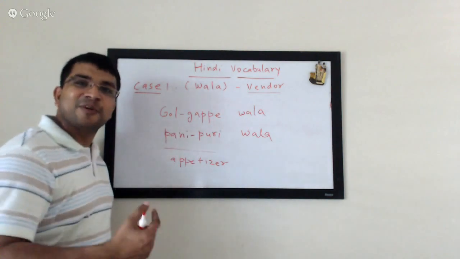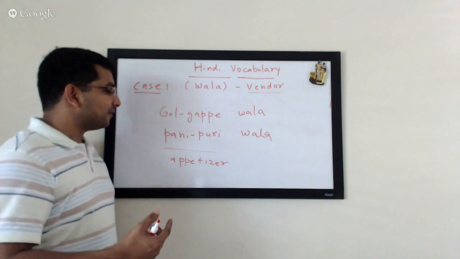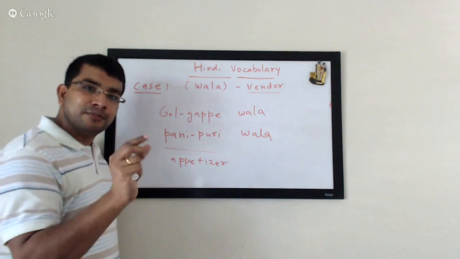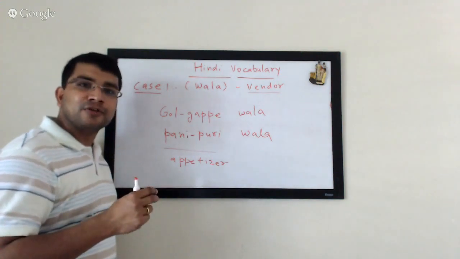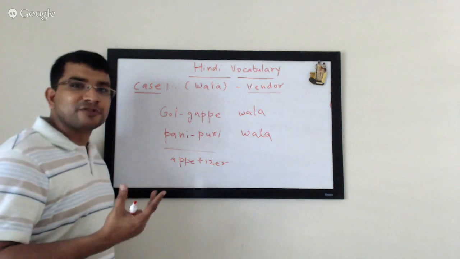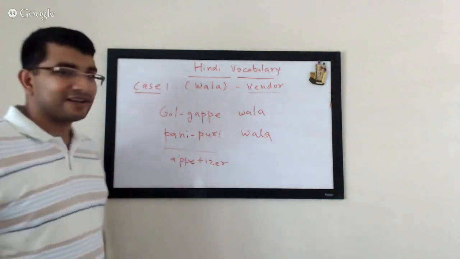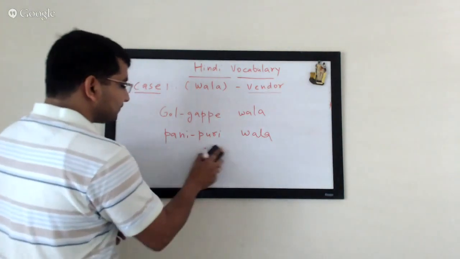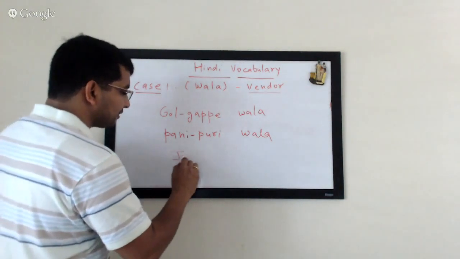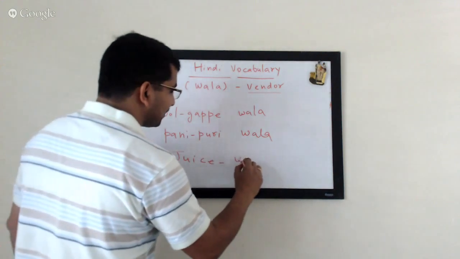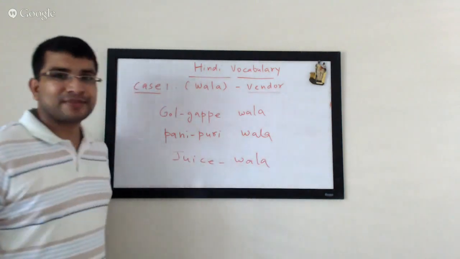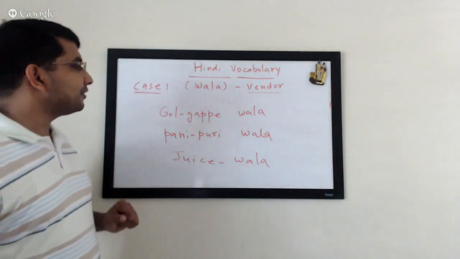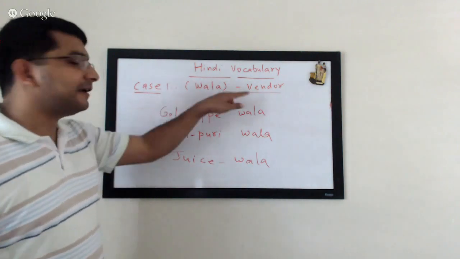Golgappe wala is someone who sells golgappe: a small fried ball with minty water put in it, which tastes very good when you eat it together. Also, if somebody is selling juice, you can say juice wala, right? So all the things we have done in case one refer to a vendor.